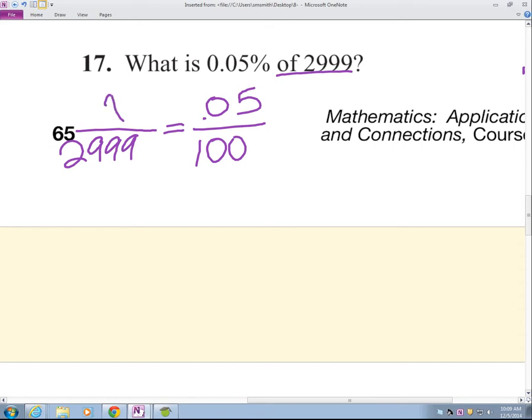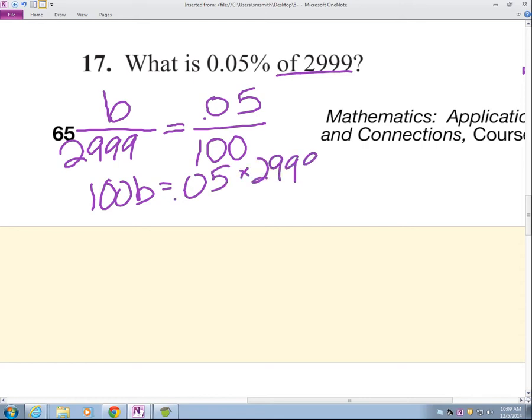Then I'm going to put a B here for Brooke. Now I have 100B equals 0.05 times 2,999. I have to remember how to multiply using decimals. Do you remember? What do I need to remember? Why did I just write 5 there?